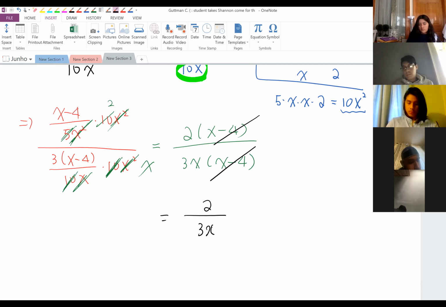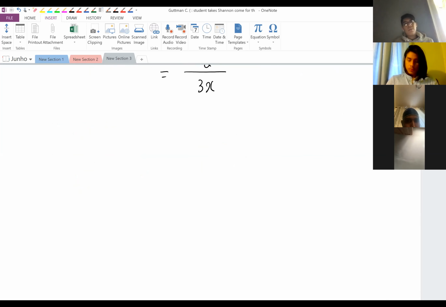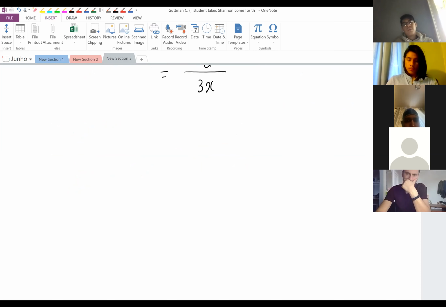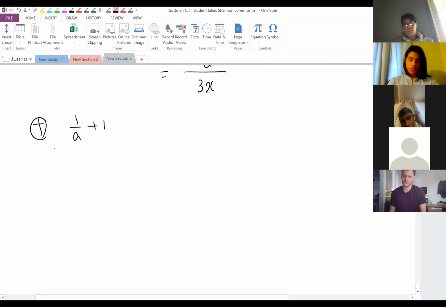So I think I better show just one more, and then rest of the time we can practice. So I may give you a bunch of questions. So page 22, I want to start doing this question here. F: 1 over a plus 1, over 1 over a squared minus 1.